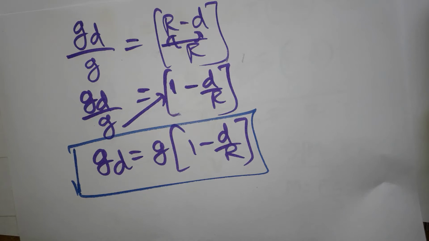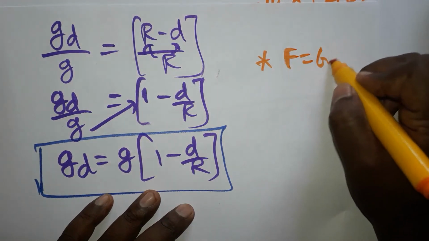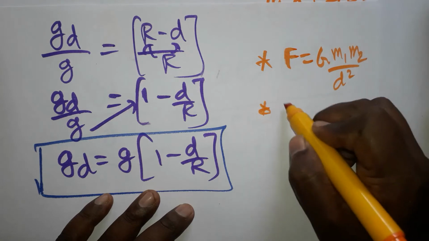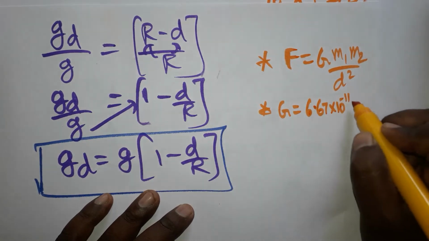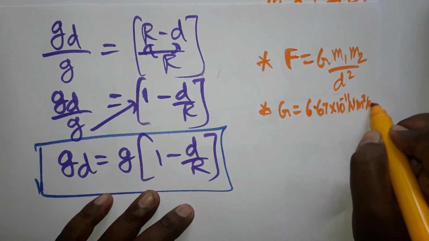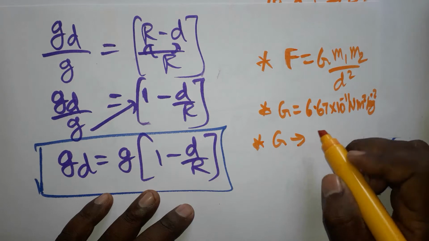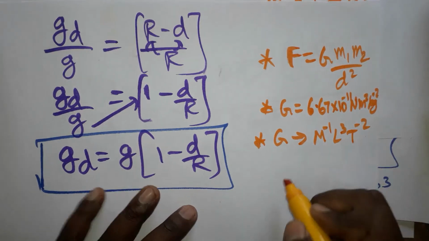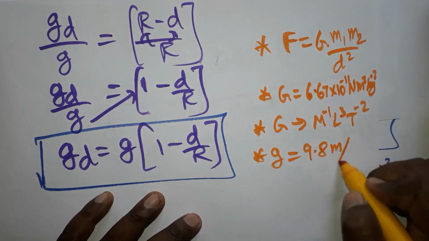So far we discussed the universal law of gravitation: F is equal to G times m1 m2 divided by d square. The second point we discussed is capital G, which is 6.67 into 10 power minus 11 newton meter square kg minus 2. Its dimensional formula is M power minus 1 L power 3 T power minus 2. And small g is 9.8 meter per second square.